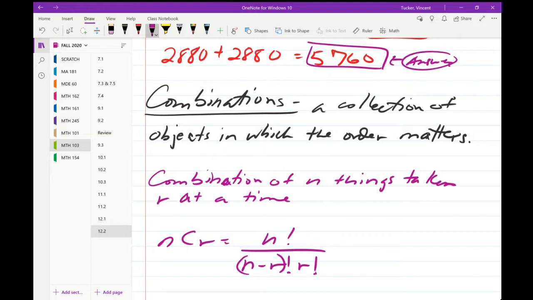So it's very similar to nPr, just that it has an extra r factorial in the formula.